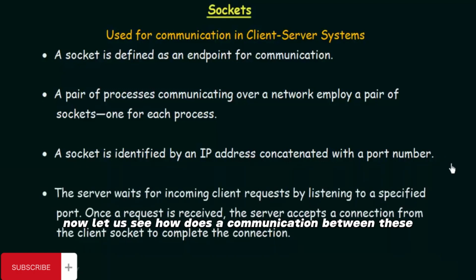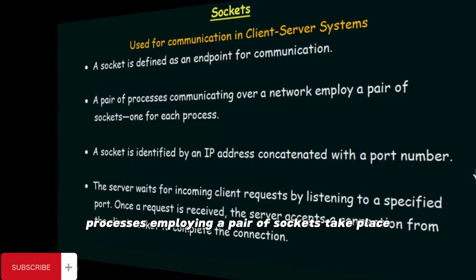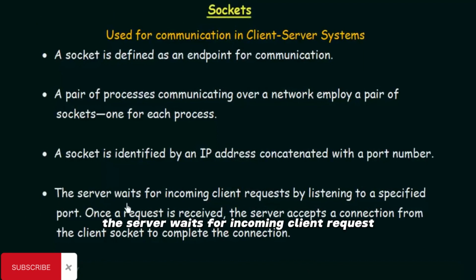Now let us see how communication between these processes employing a pair of sockets takes place. The server waits for incoming client requests by listening to a specified port. Once a request is received, the server accepts a connection from the client socket to complete the connection. First of all, let us understand what a client and a server are.